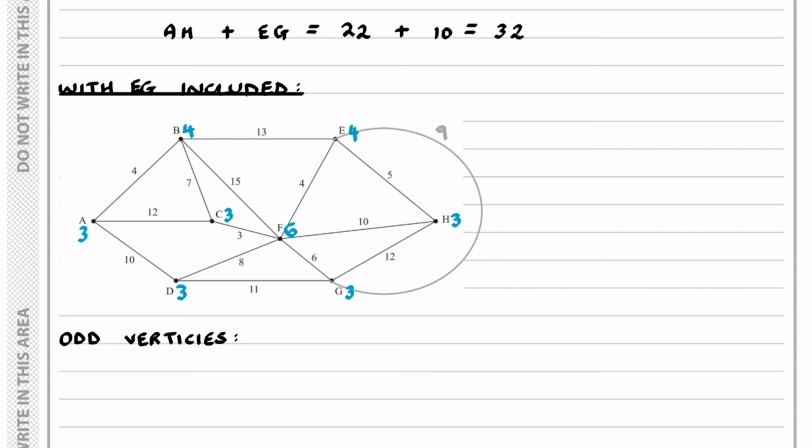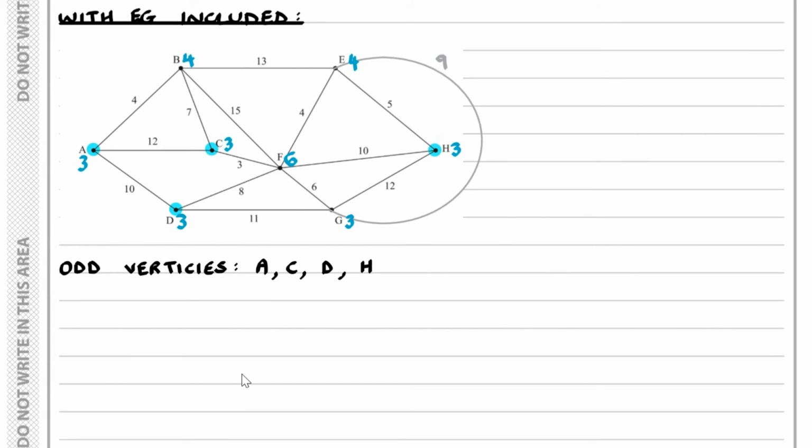So the odd vertices here will be A, C, D, and H.